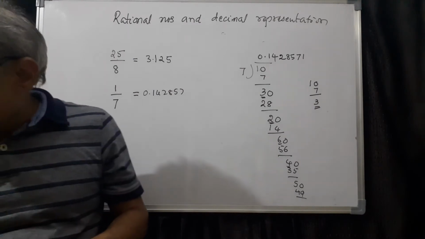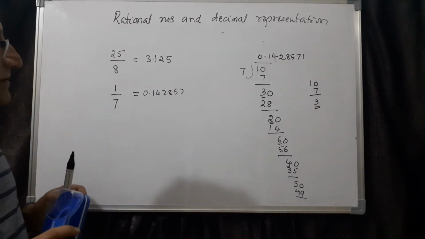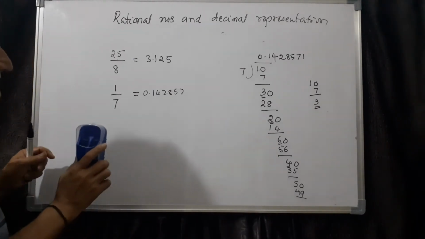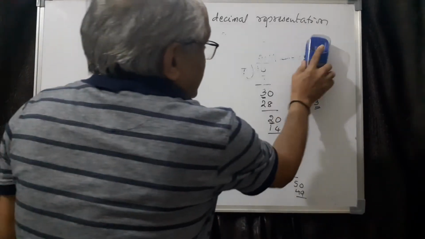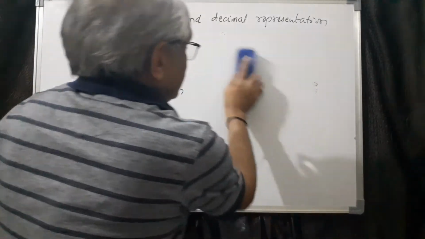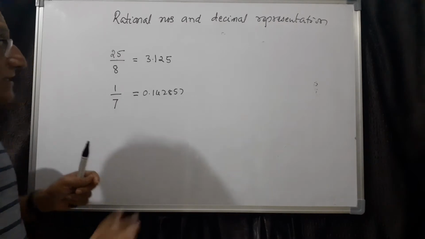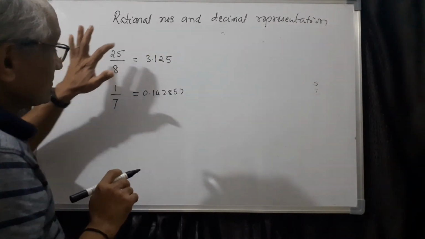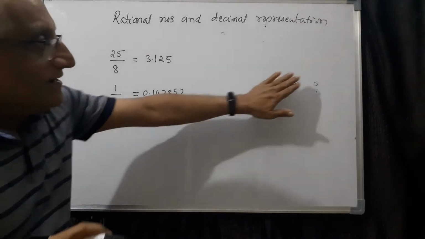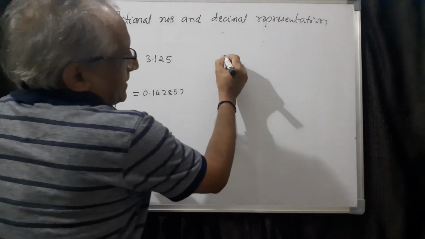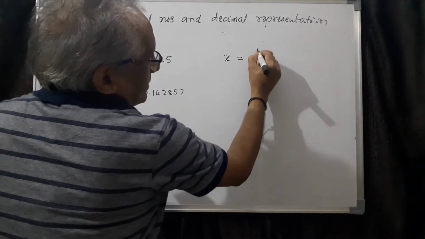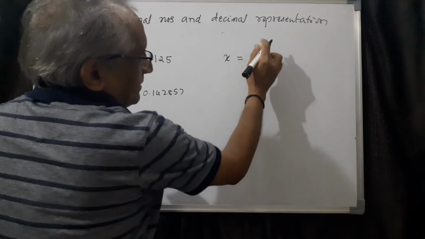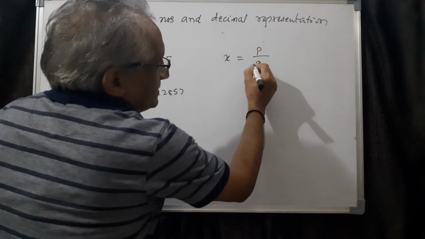So these are the two possibilities which you know already. But the interesting thing is, whenever the given rational expression is like this, without actually dividing, we can decide whether it is terminating or non-terminating. The idea is this: you take any number x, first write p by q and simplify p by q.